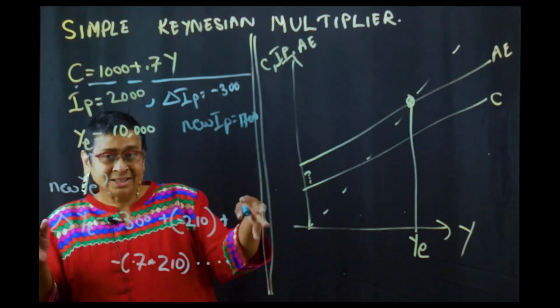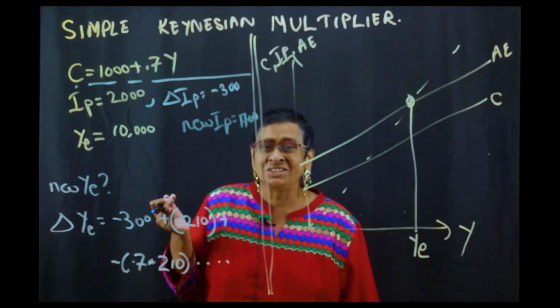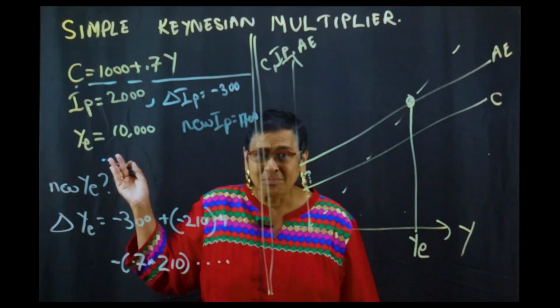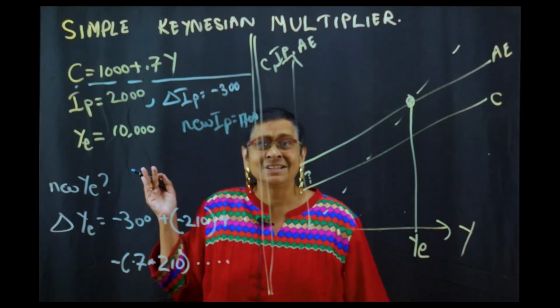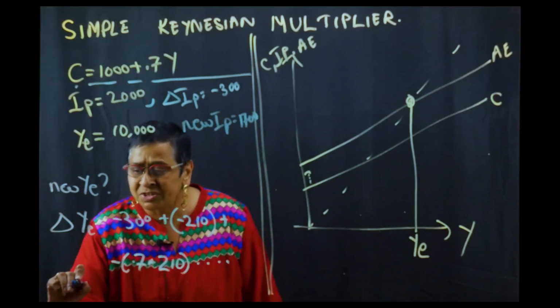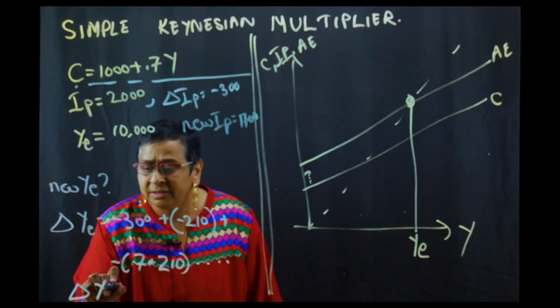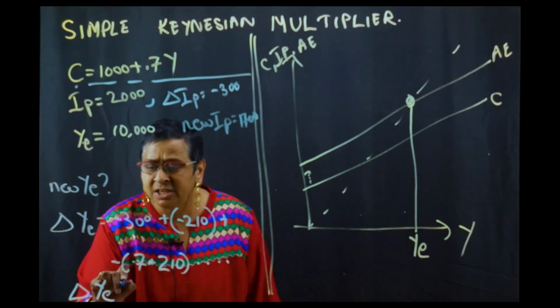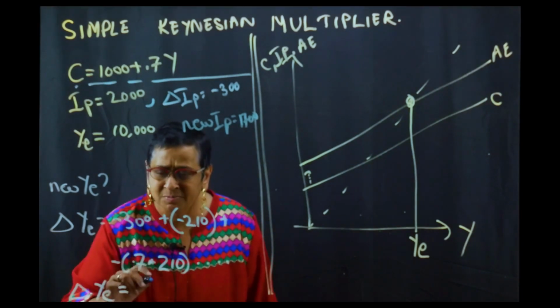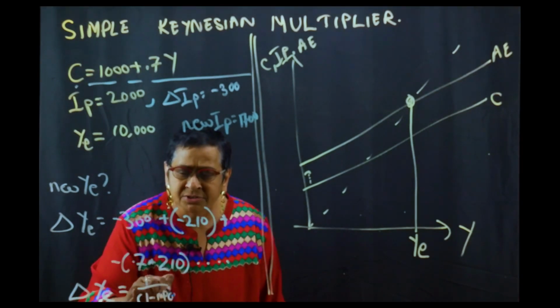And if you look at this, this is a series. Those of you who are interested in sequences and series can look at the sum of this series, or you can solve this algebraically if you want. But the end result is that the net change in equilibrium is, and here's my formula, 1 over 1 minus MPC.